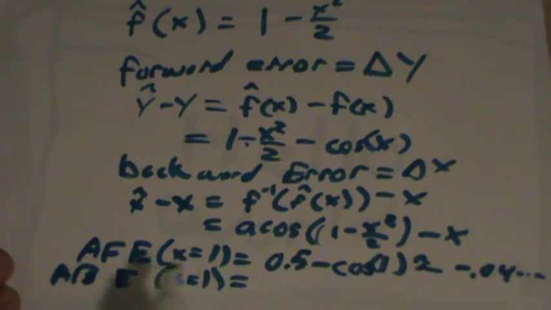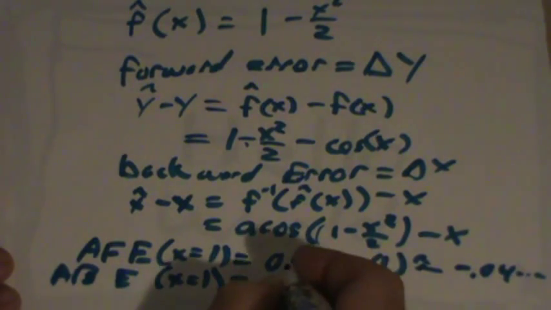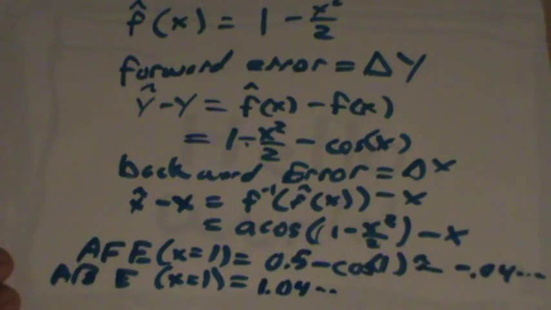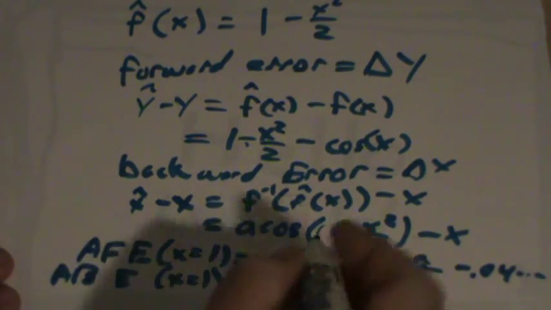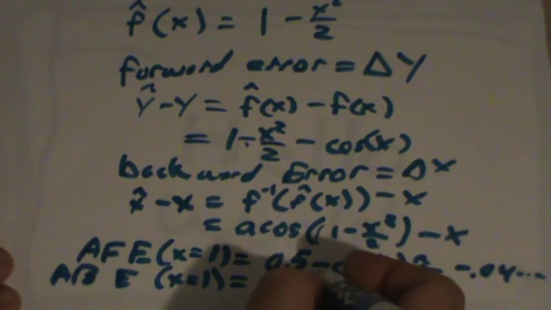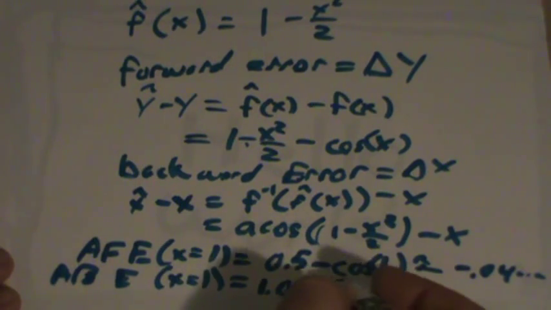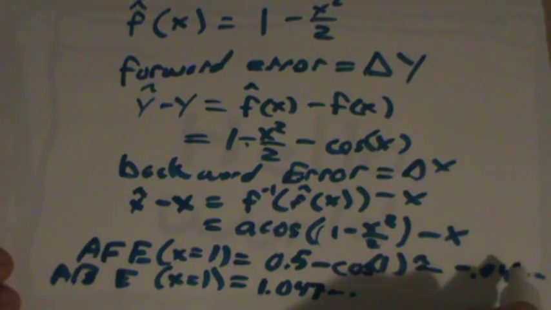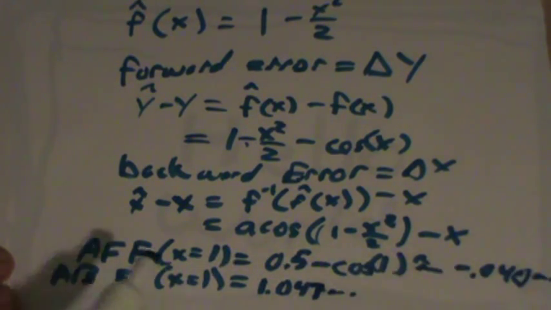The arc cosine of 0.5 is right about 1.04, and so on. It's a little bit bigger. I think it's about 1.4. Let me check on my computer here. It's 1.47 and some change. Whereas this one is 0.04 and then some stuff.